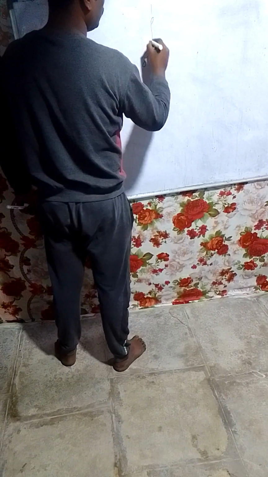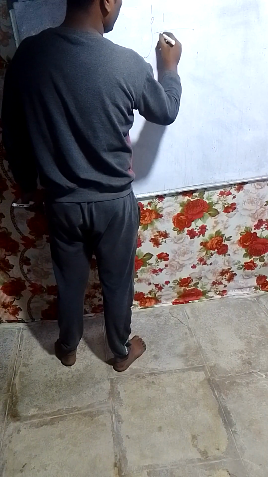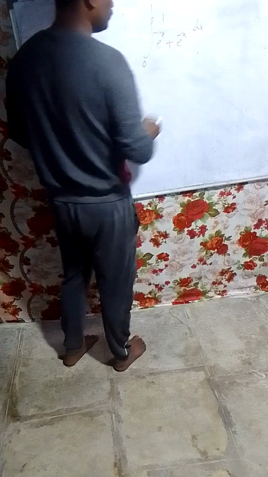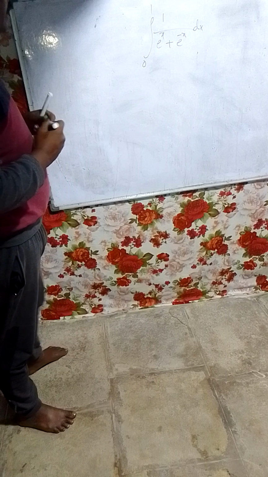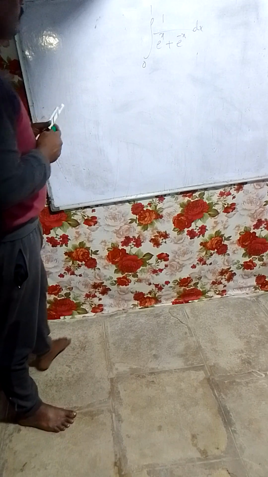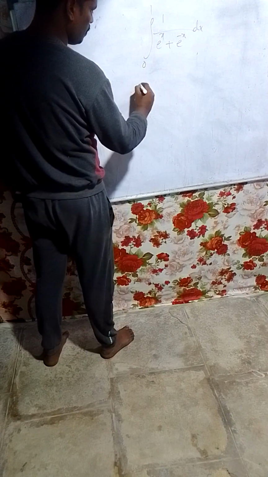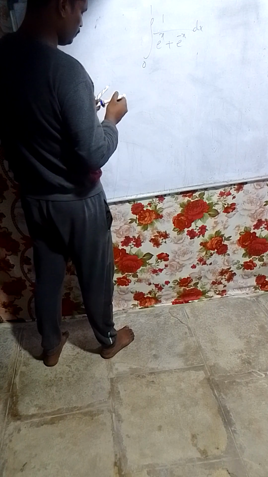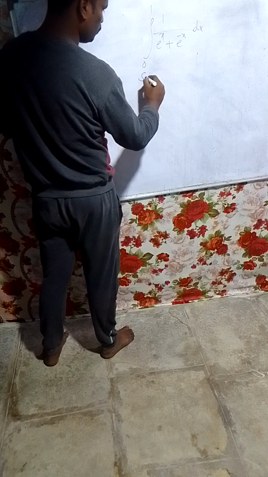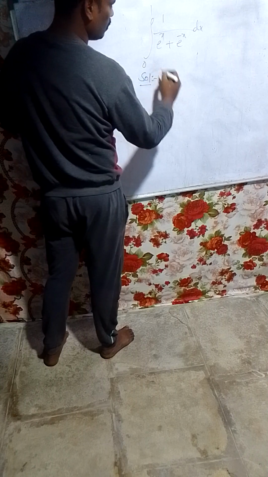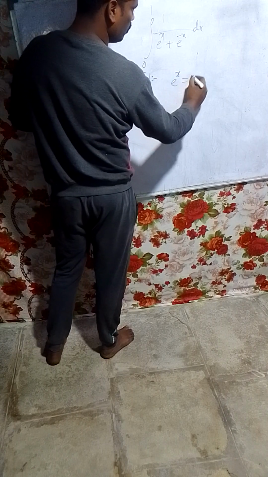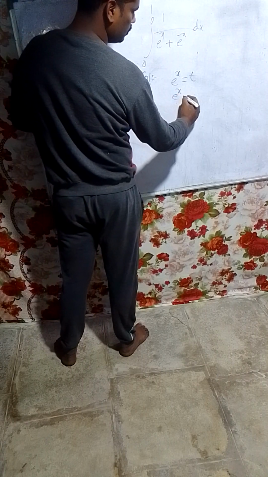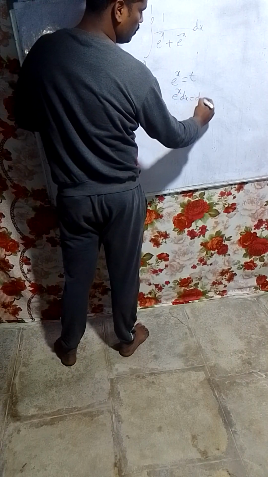Integration 0 to 1 of 1 by e power of x plus e power of minus x dx. See children, here e power of x is equal to t, e power of x dx equal to dt.